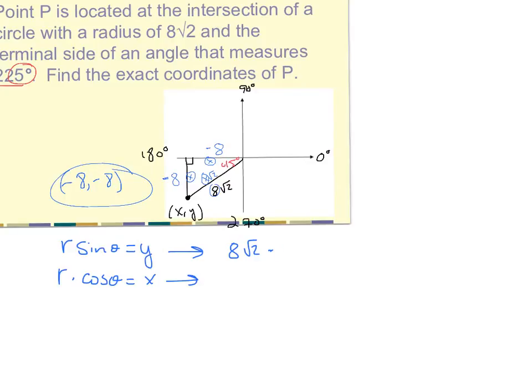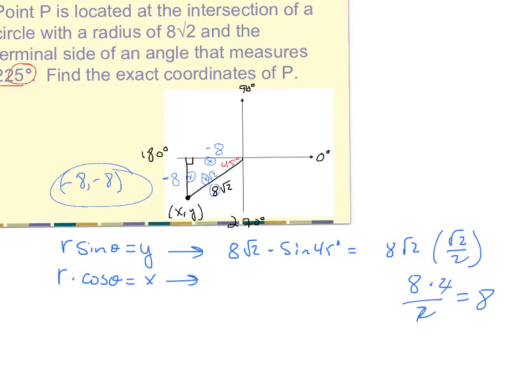So I would do sine of 45 degrees, and that's going to equal 8 root 2 times root 2 over 2. And then that would simplify. The root 2's would turn into 8 times 2 over 2, and that would equal 8.